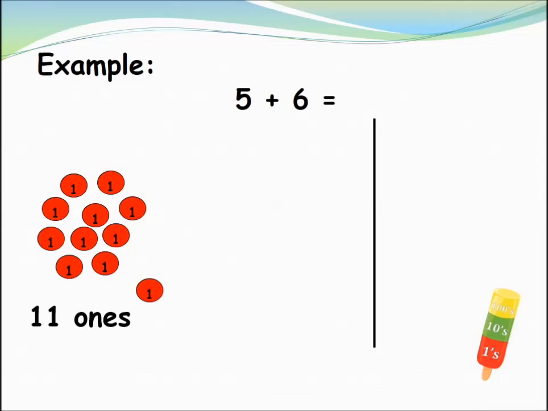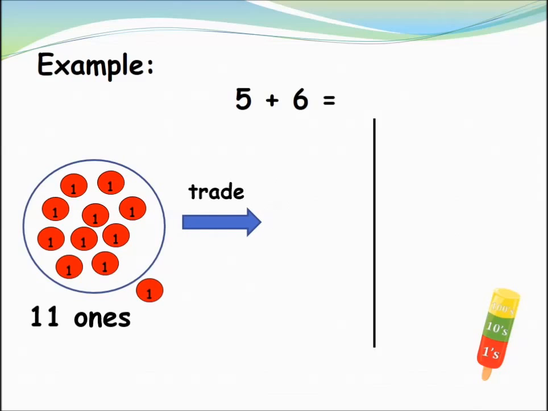And what I have to ask myself is, do I have enough to trade for a 10 disk? Which means, do I have 10 ones disks? And I do. I do have 10 ones disks. So I can take those 10 and trade them in for one 10 disk. And what that does is it reorganizes my column.